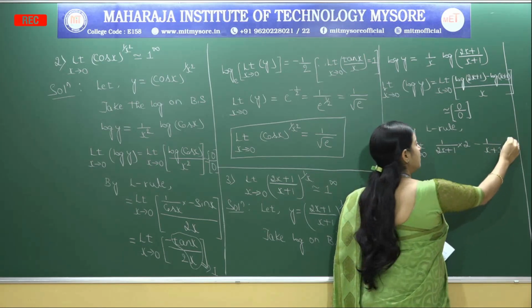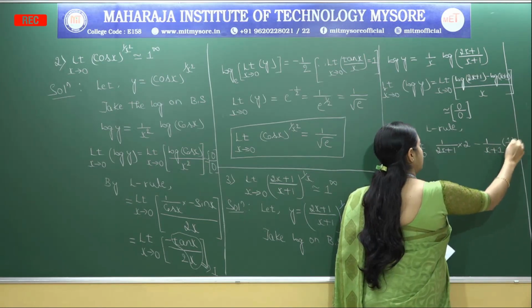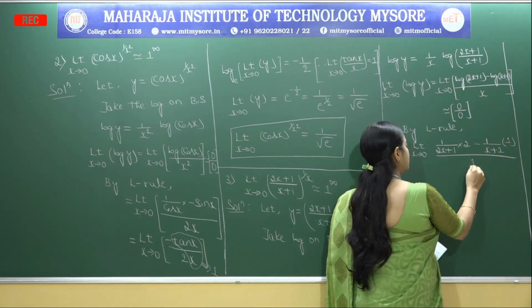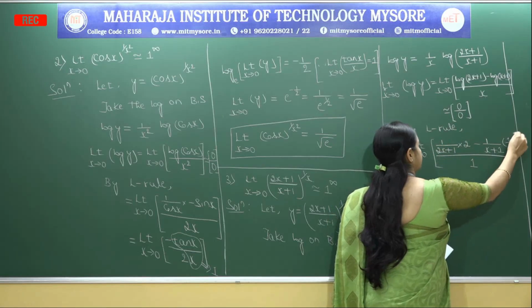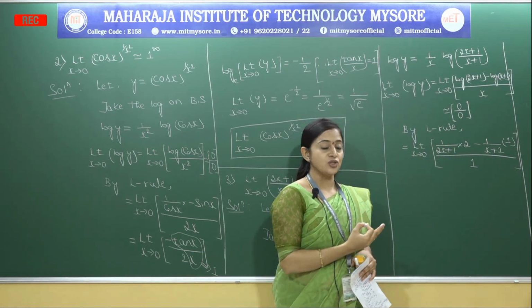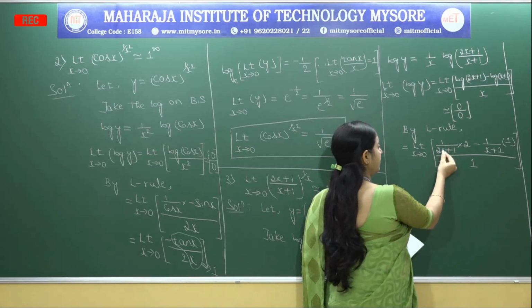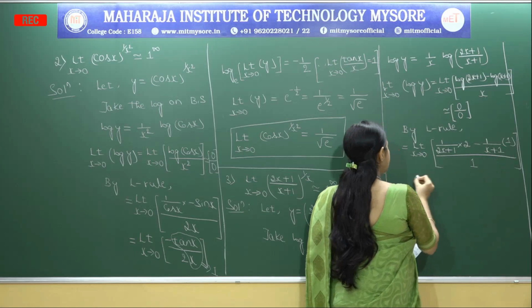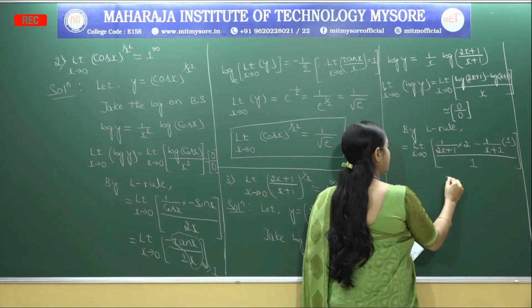Differentiation of x plus 1, you will get 1. The whole denominator, the x differentiation is 1. Limit as x tends to 0, the first part you will get 0 plus 1, this is 2 minus 1. So the total answer, you will get 1.